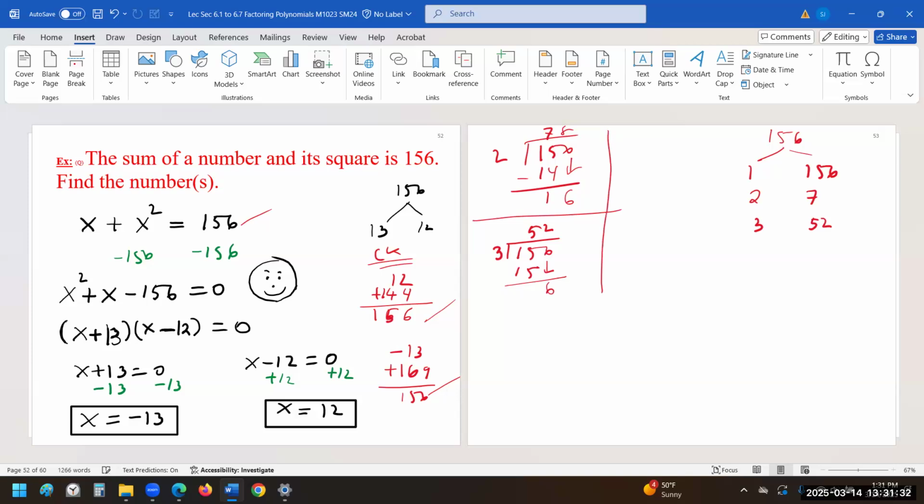Then we go to 4. 4 goes to 15? 3 times. 3 times 4 is 12. We subtract and we get 36. 4 goes to 36? 9 times. So it's 4 times 39. And then you keep dividing.